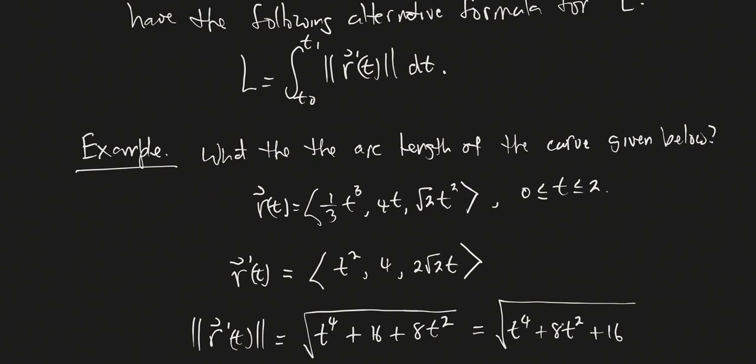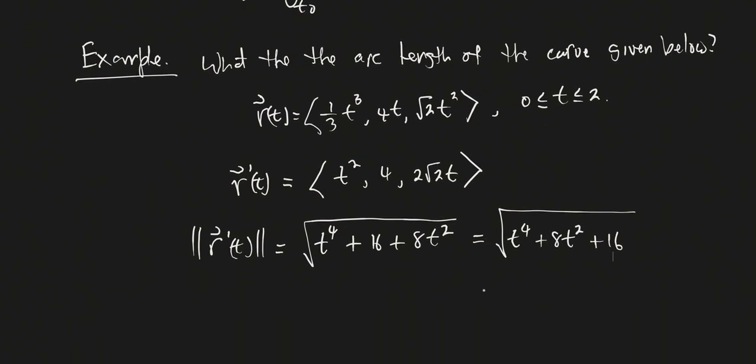Now, keep in mind, this is something that we're going to have to integrate. So we know integrating square roots can be tricky, but if we look carefully, under the square root, it's actually a perfect square.